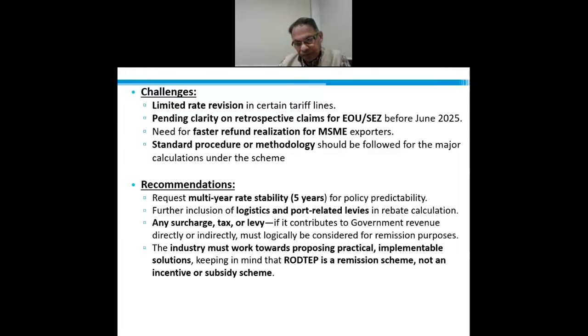Central excise rates are with the government, VAT rates are also with the government. Diesel consumption, some way or the other, average rates, you have your own studies.